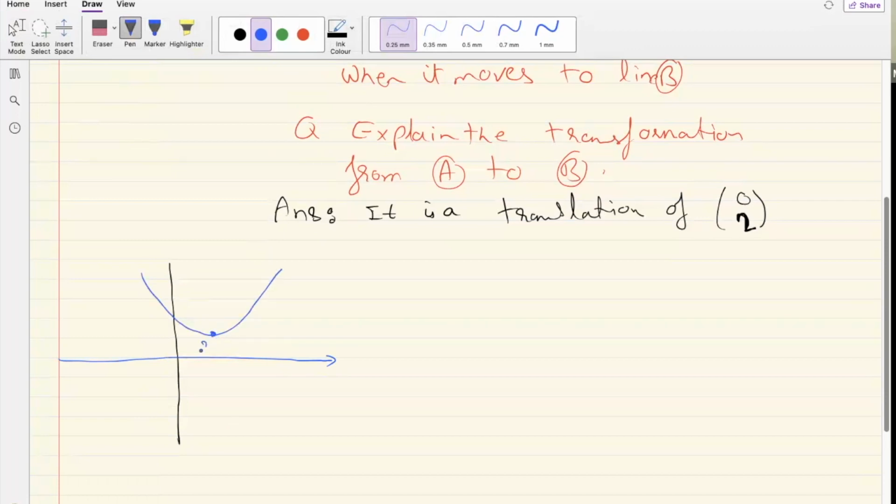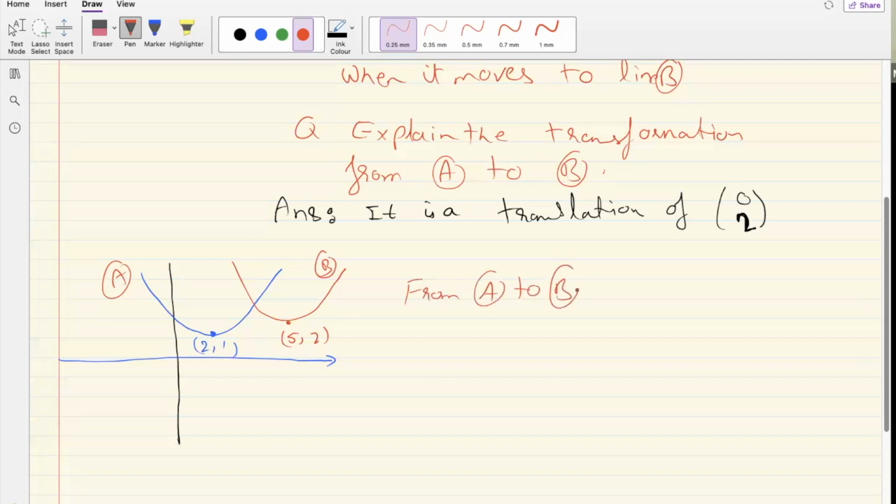This was x2, y1 and x5, y2, A, B. From A to B, it is a translation of vector 3, 1.